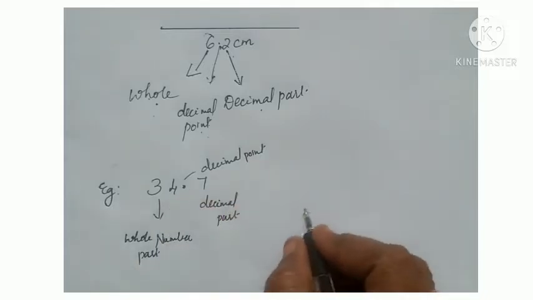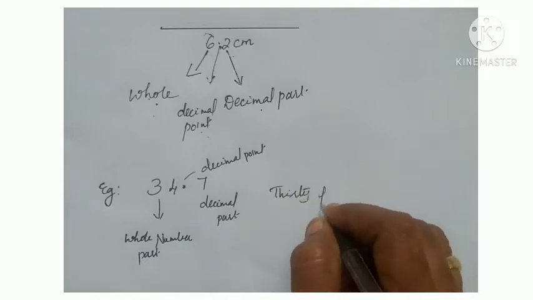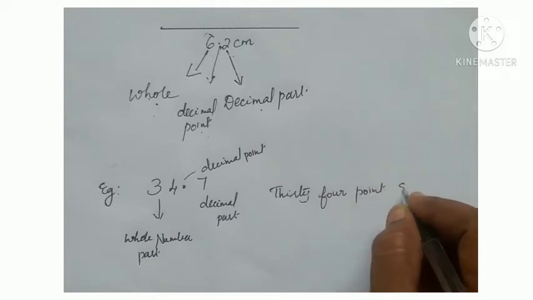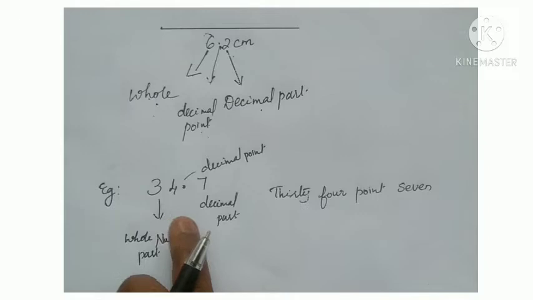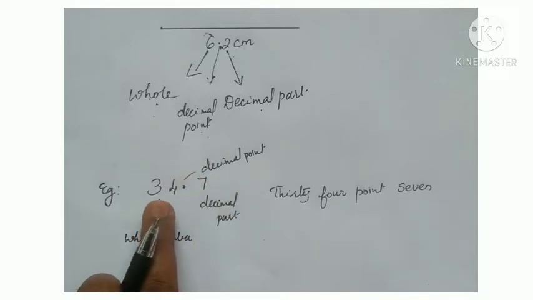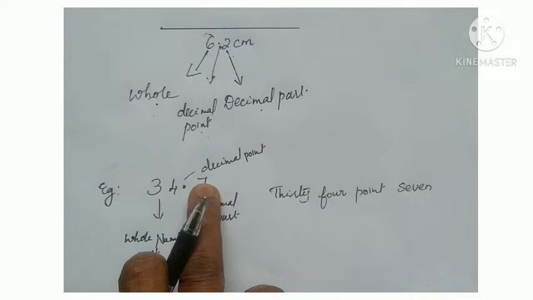We read 34.7. So 7 is the decimal part. This is the whole number. So for the whole number, how can we represent the places? That you have studied in previous classes. So here ones and tens. But for the decimal part, how can we represent? So this place we have to mention.